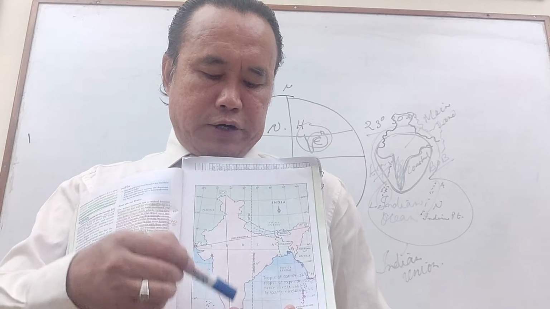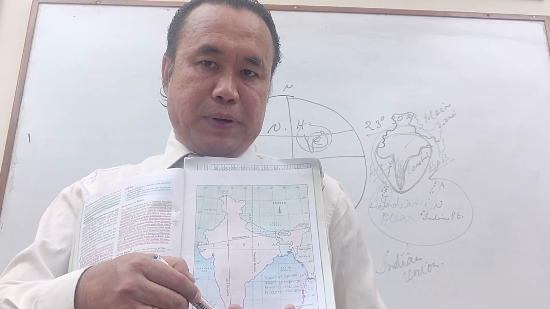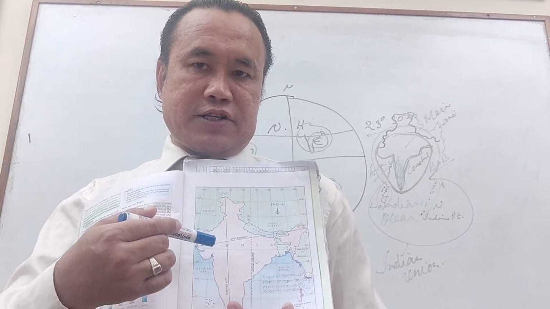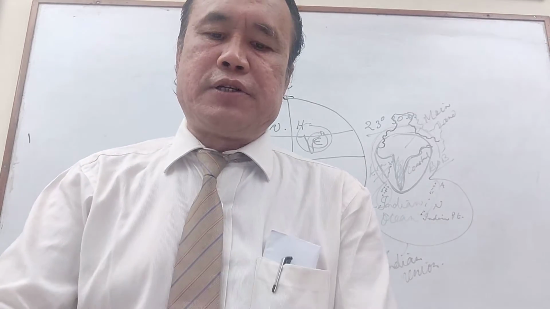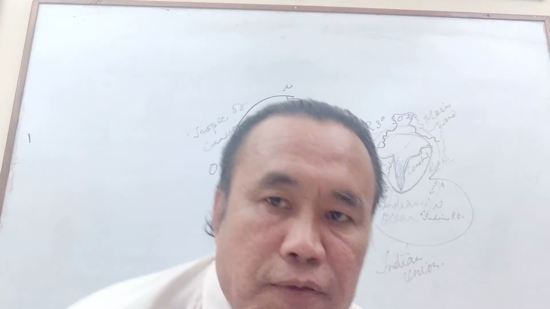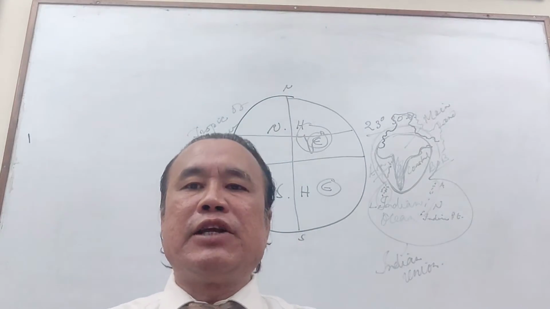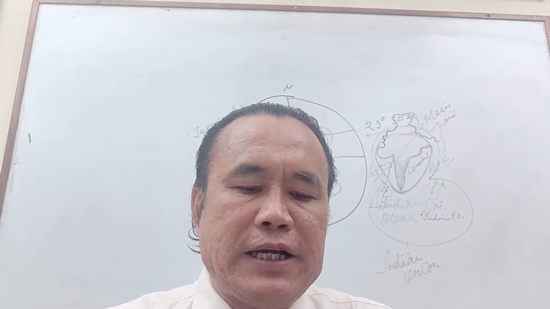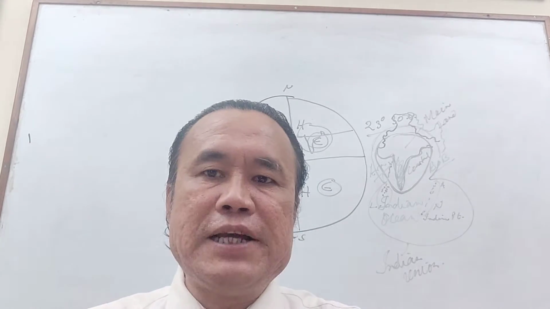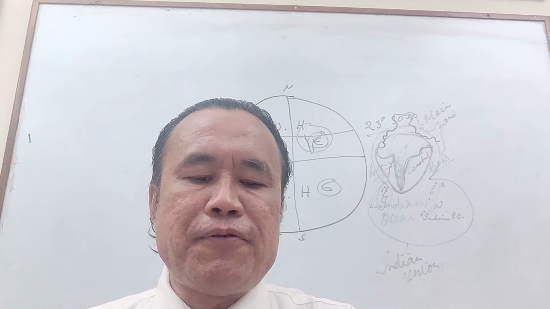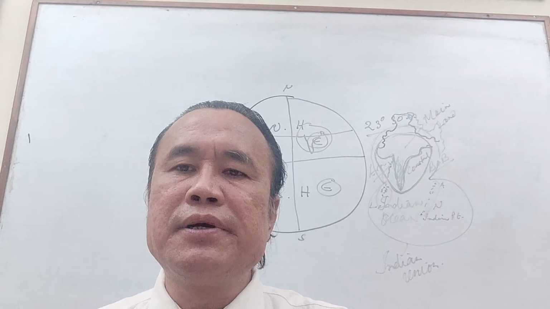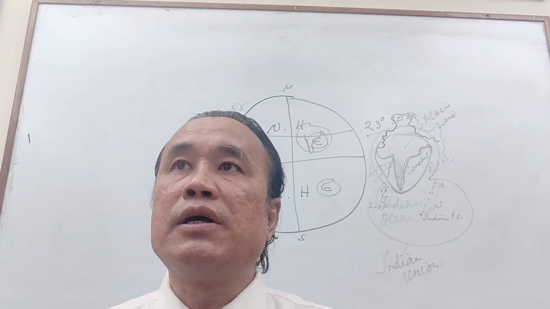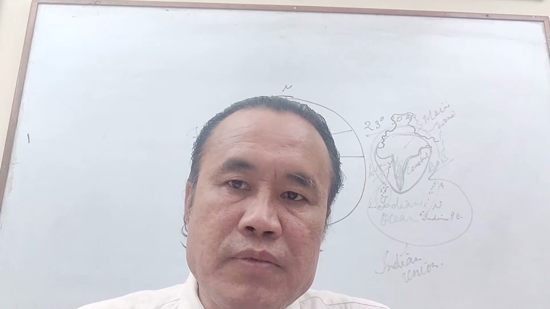That means the north-south extent appears larger than the east-west extent. Although there is no difference, or even if it is there, it is a very slight difference. So that is what it means: despite the fact, the east-west extent appears to be smaller than the north-south extent.